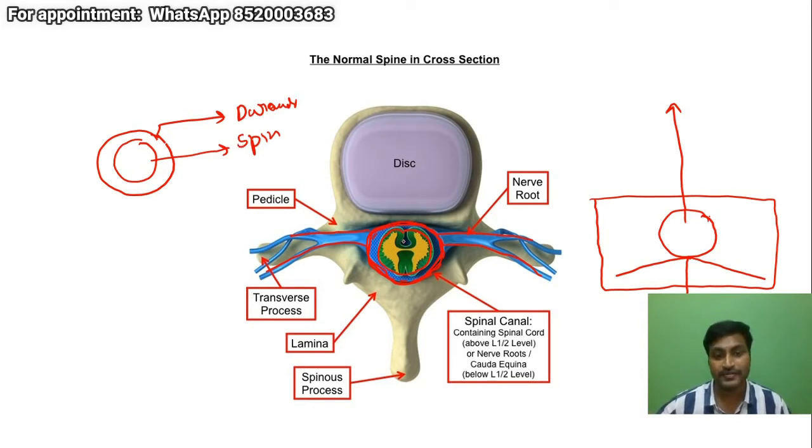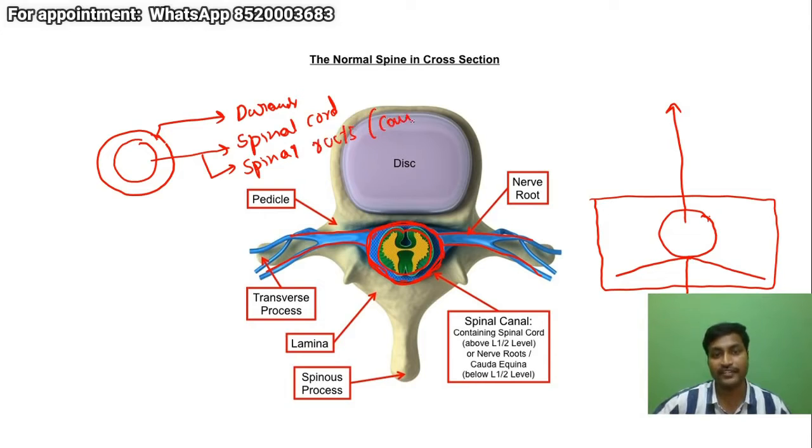So, within the dural sac, if the axial cut is above the level of L1, it is the spinal cord or the conus medullaris, and if it is below the level of L1, then what you will be seeing are the spinal roots which form the cauda equina.